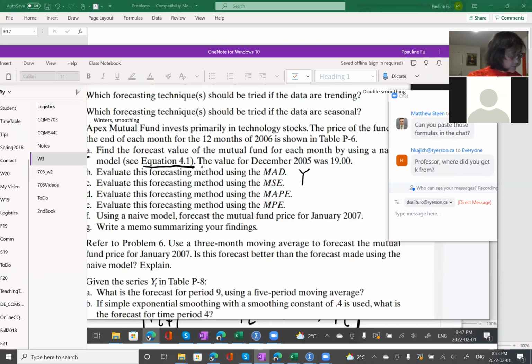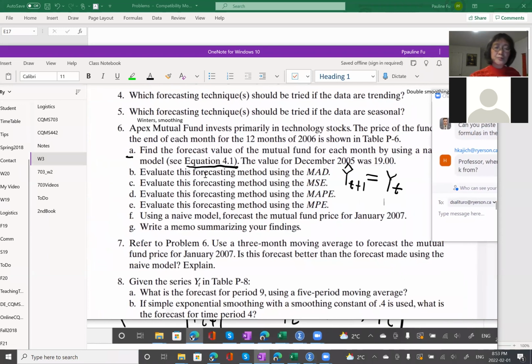It is y hat t plus 1, for the next period. To forecast next period, you just use the previous period or current period. So t plus 1 is next period. How do you forecast next period? Use current. y t is current.